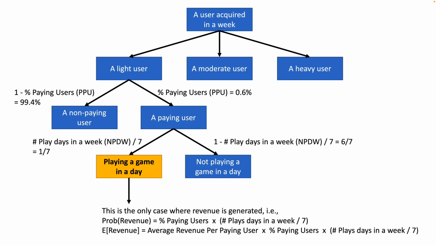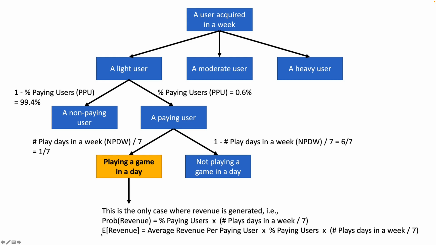And then, what's the probability? That is, percent paying users times the number of play days in a week divided by 7. That's the probability of revenue generated. Then we just need to multiply the average revenue per paying user, which is given in the article, by the probability of revenue generated.